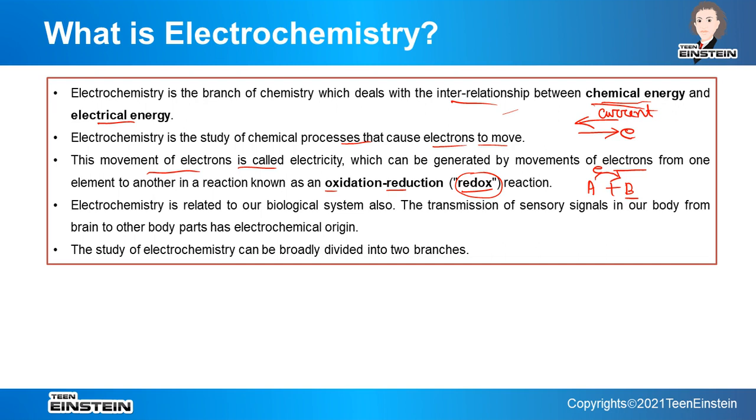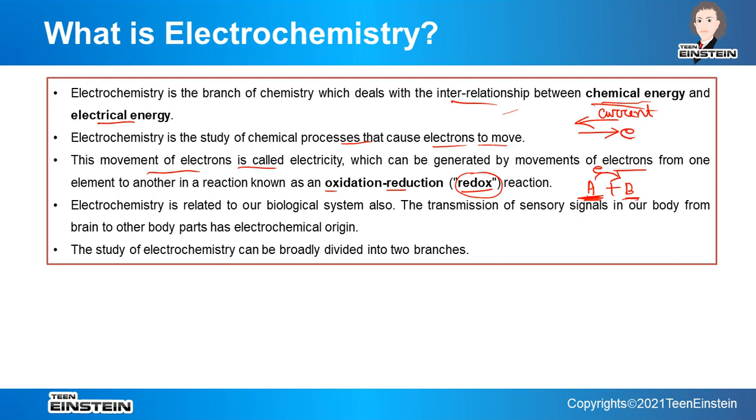So after showing the reducing property, A itself will be oxidized. The species which is reducing other species will itself be oxidized by B. So A is oxidized by B and B is reduced by A.